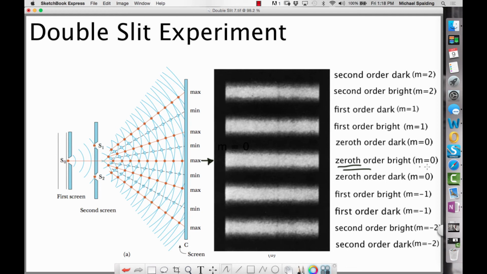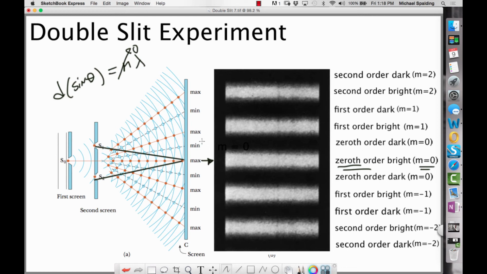Well, that's where m equals 0. Remember, d sine theta is the extra distance traveled. So if your m is 0, there is no extra distance traveled. And the reason why is because the rays have traveled the same distance. If they travel the same distance, then d sine theta is 0. So this center guy, he's called the 0th order bright.